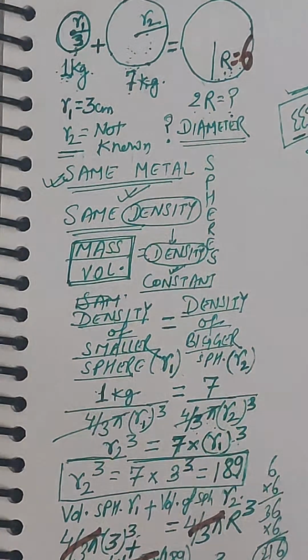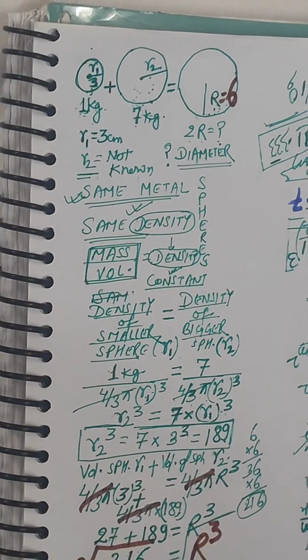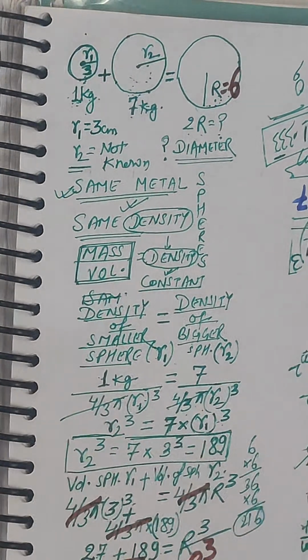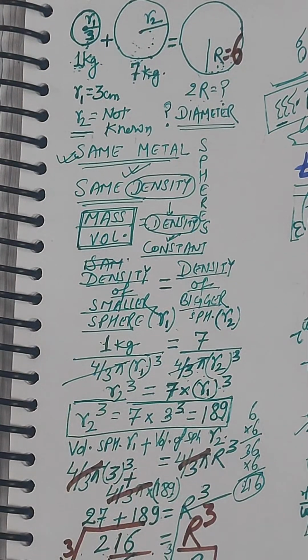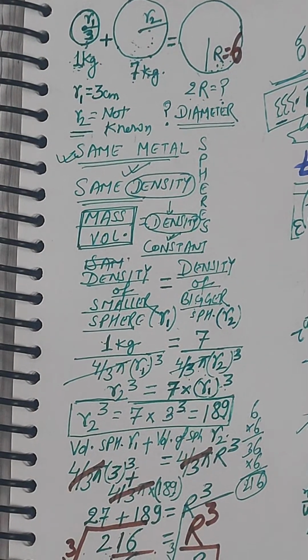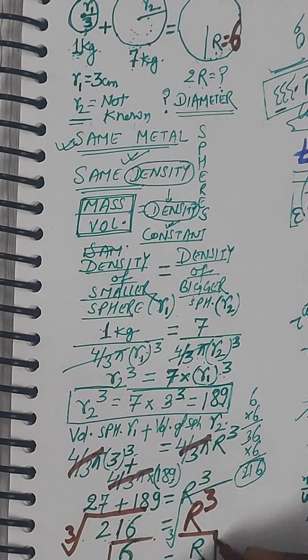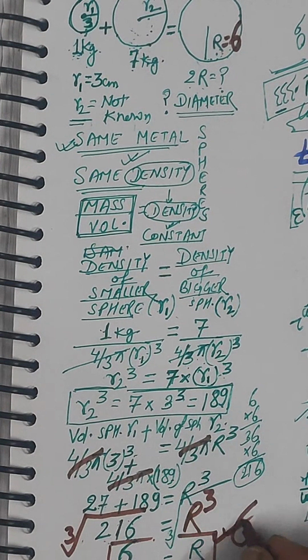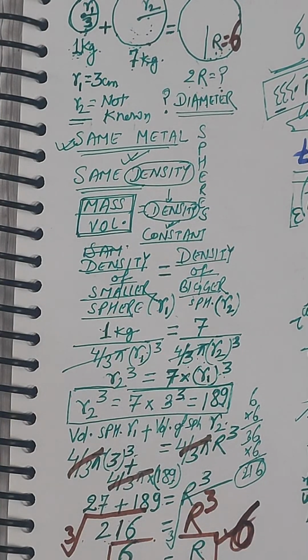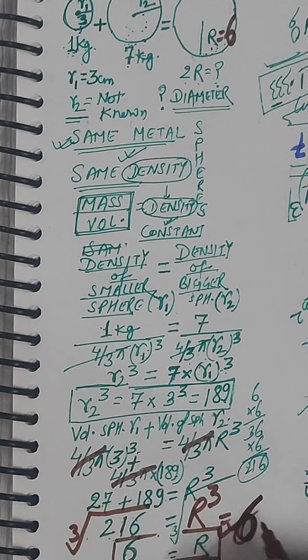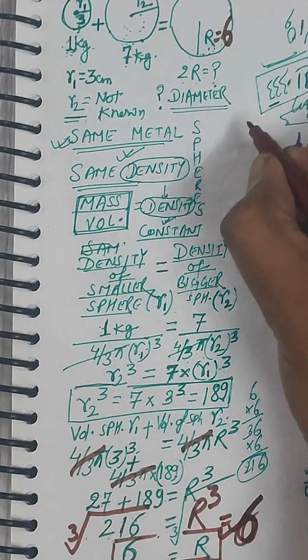If R is equal to 6, then we can simply and easily calculate the value of the diameter.